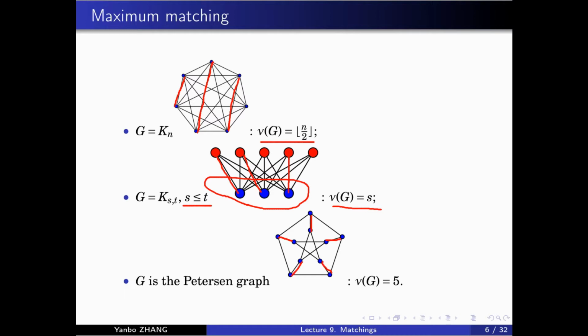This is a matching covering every vertex. So when G is the Petersen graph, nu(G) equals 5.